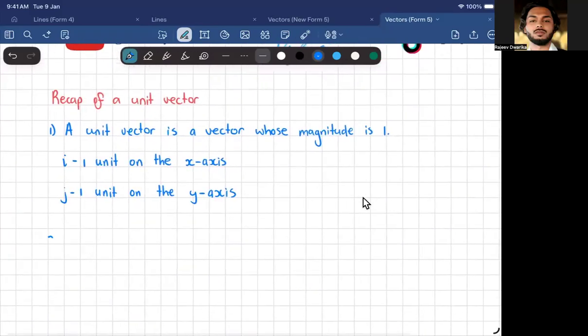And you need to know the unit vector form.